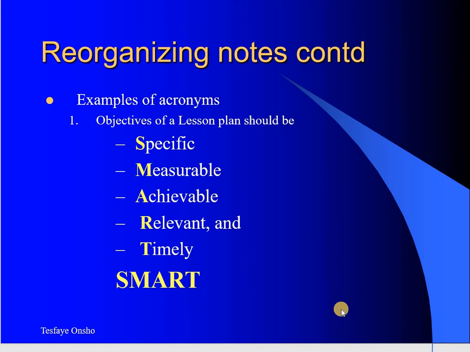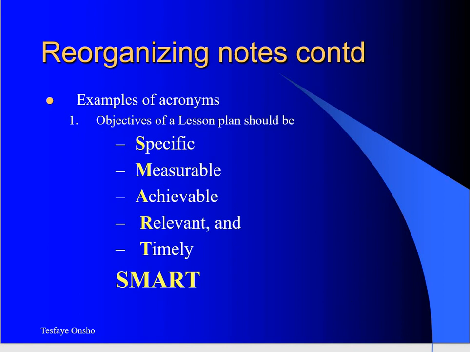The objective should always be smart, they say. Smart doesn't mean the word itself, but it is specific, measurable, achievable, relevant, and timely. Any objective should be like that. I'm not going to teach you about objectives, but I'm teaching you about remembering stuff.